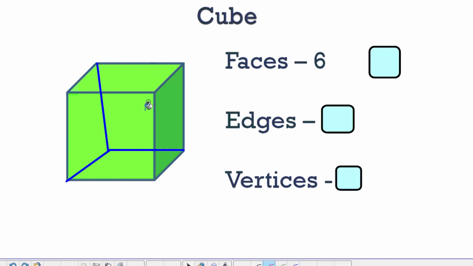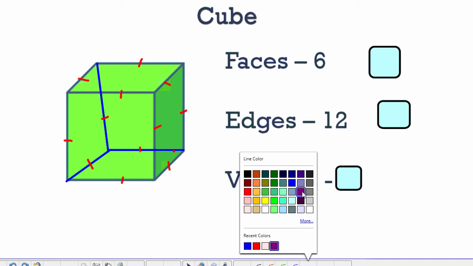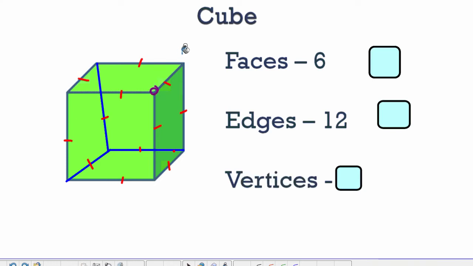If we take our pen, 1, 2, 3, 4, 5, 6, 7, 8, 9, 10, 11, 12. 12 edges. And vertices are our corners. So we've got 1, 2, 3, 4, 5, 6, 7, and 8. 8 vertices.